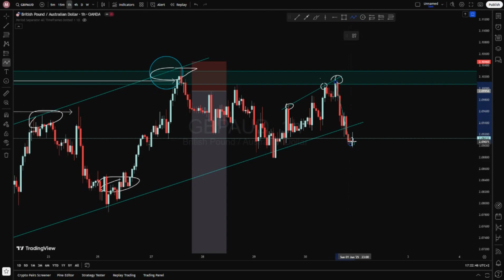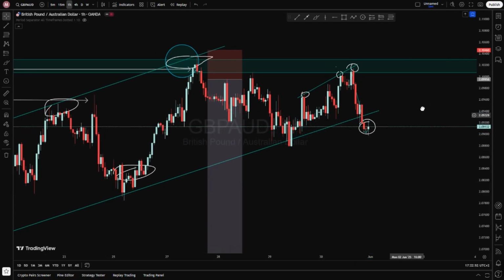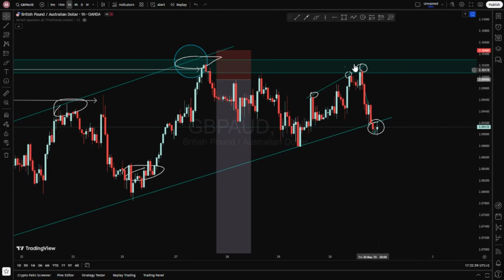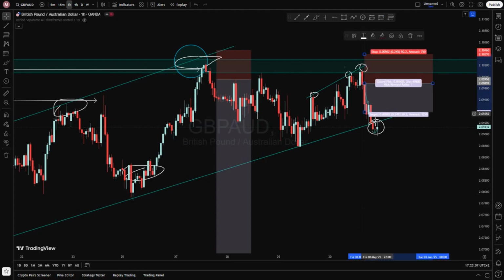So price is currently here. Now what do we do with this information? From here you see 1, 2, 3, and then after this candlestick closes, you enter with a sell position.